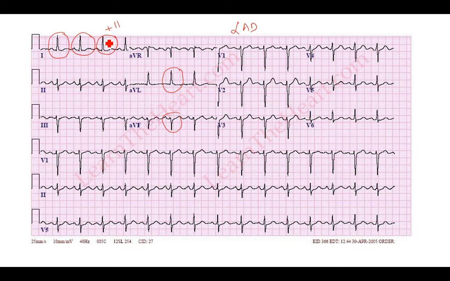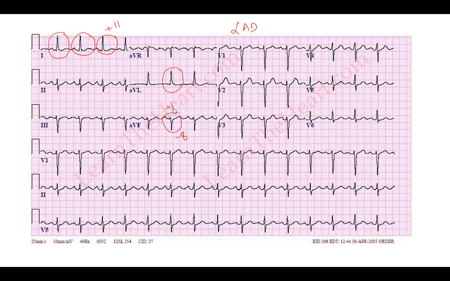Now look at lead AVF. Lead AVF, you can see the height is downwards 3 plus 5, that is minus 8, and upwards it is plus 1, that means it is minus 7.